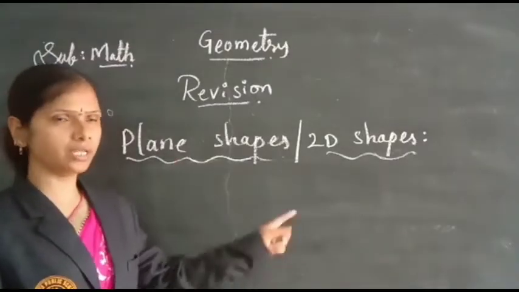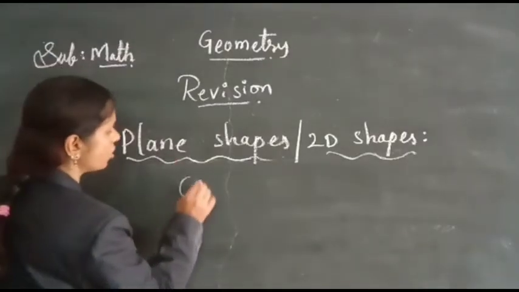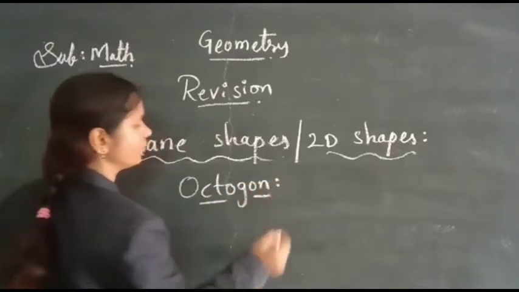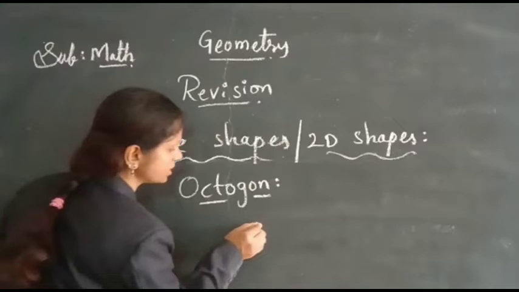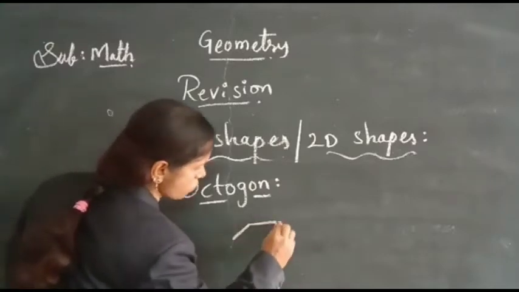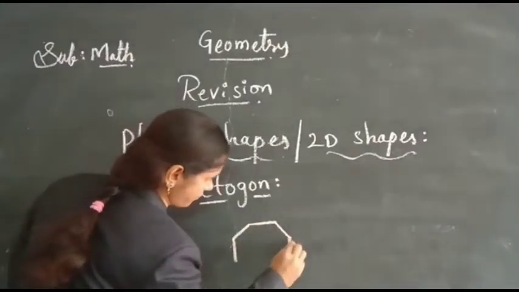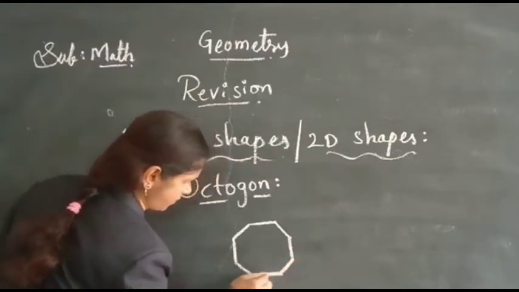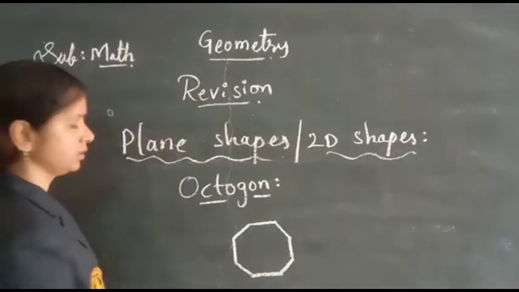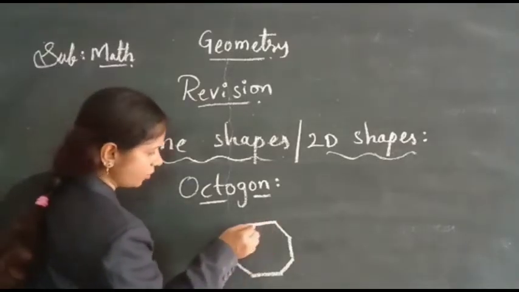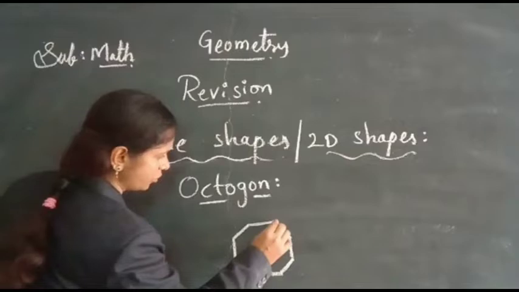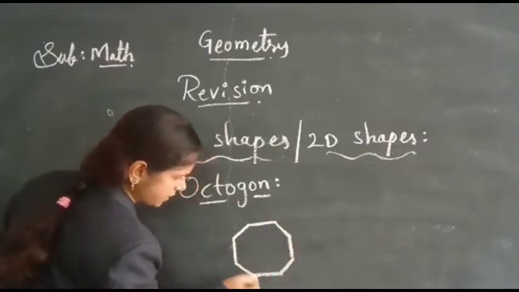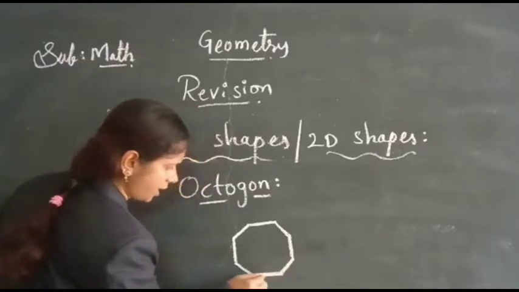The next plane shape, or 2D shape, is the octagon. Here you can see the octagon. This is an octagon, children. Come on, let's count the sides: 1, 2, 3, 4, 5, 6, 7, 8.